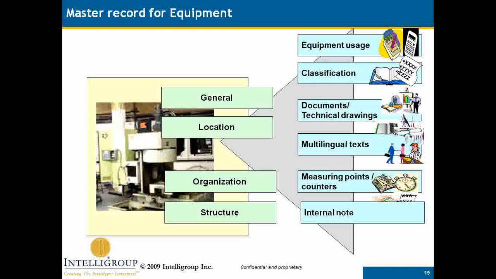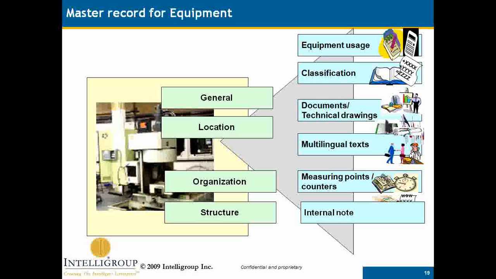If you have texts in different languages, you can maintain that information too. For example, we are using English, but in France you can use French. If we maintain different languages, it will show in the different languages based on the user profile.